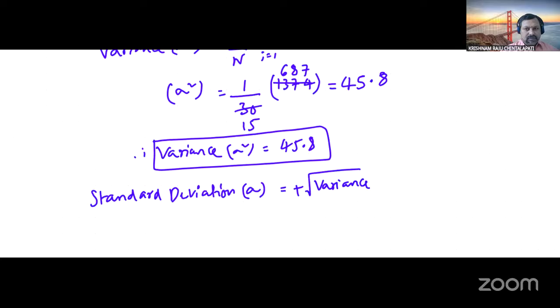So that is equal to the root of variance, which is 45.8. Therefore, standard deviation sigma is equal to the square root of 45.8, which is 6.77.